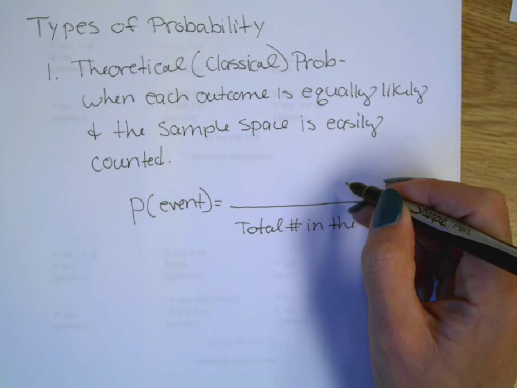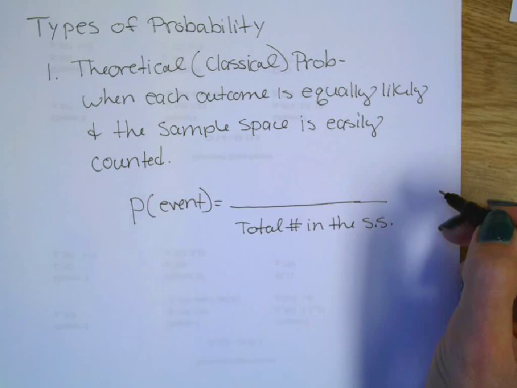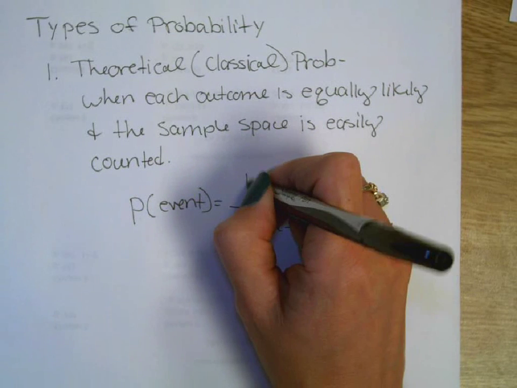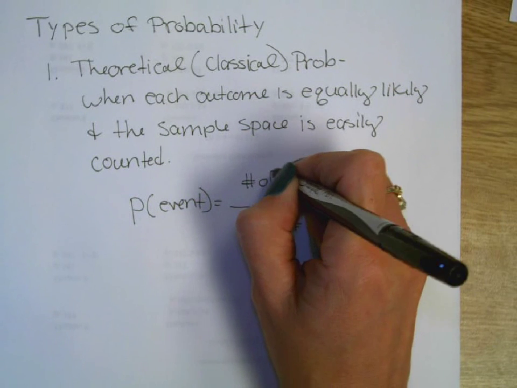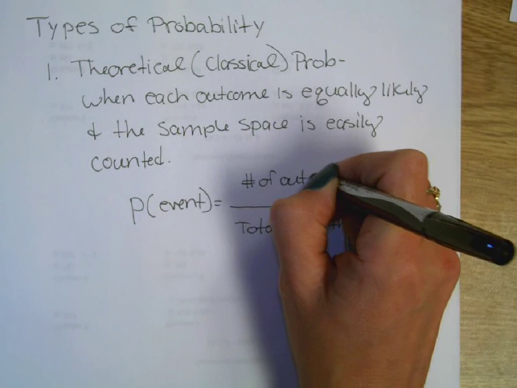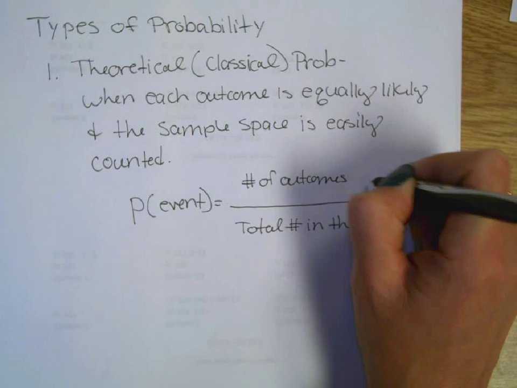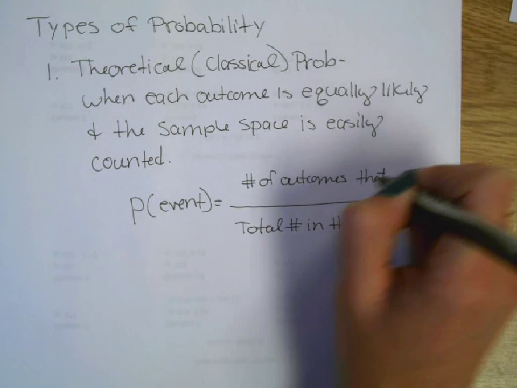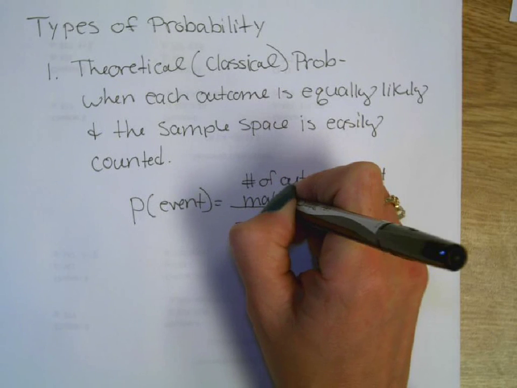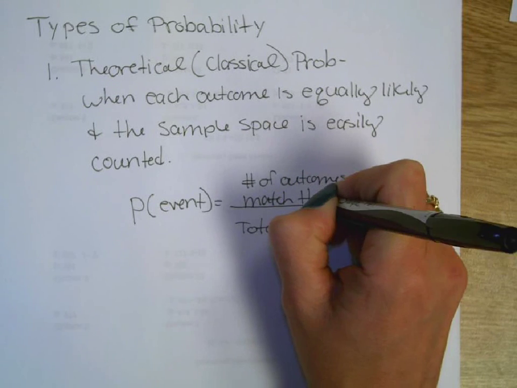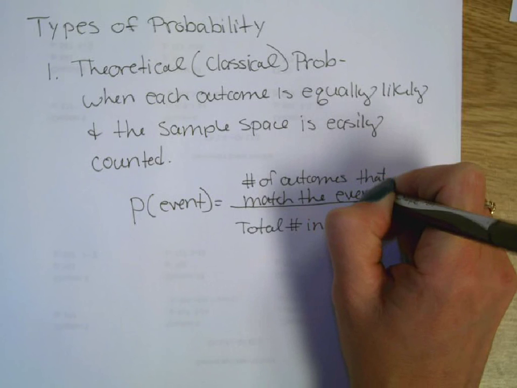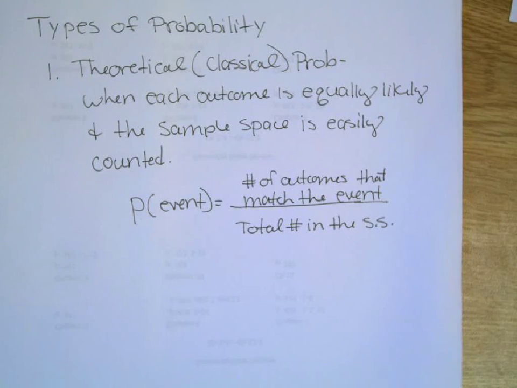And then your top number is the number of outcomes that match the event that you listed over here. So it just starts out as a fraction.